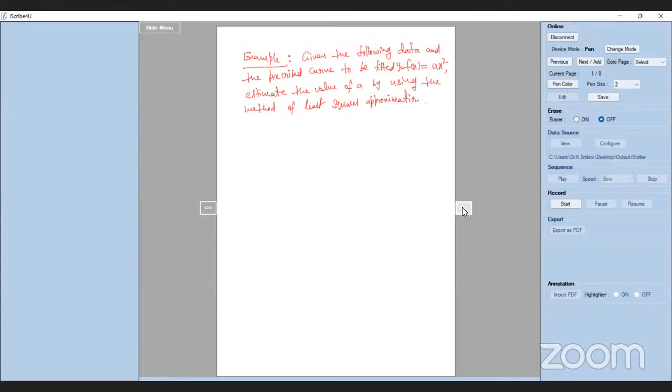Approximation. Given data is x values and y values. X values 4, 1, 2, 3, 4, 6, 10, 8. This is the given problem.